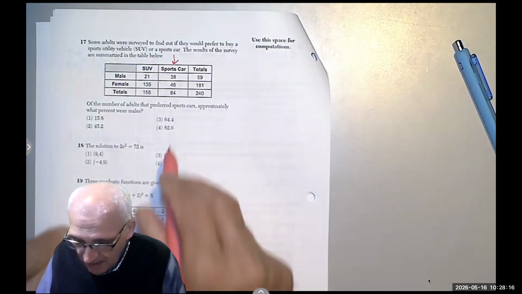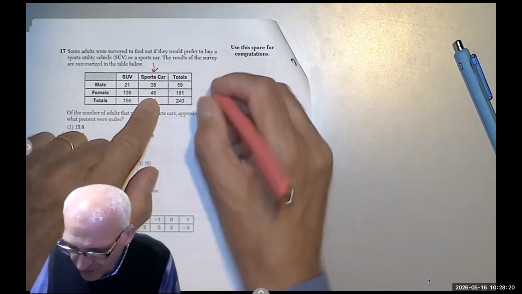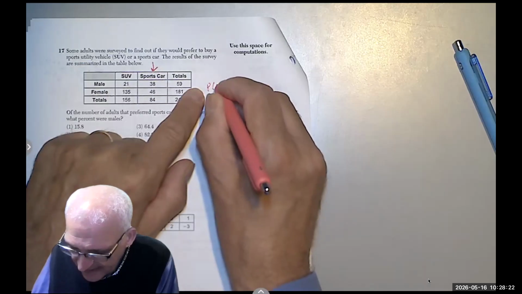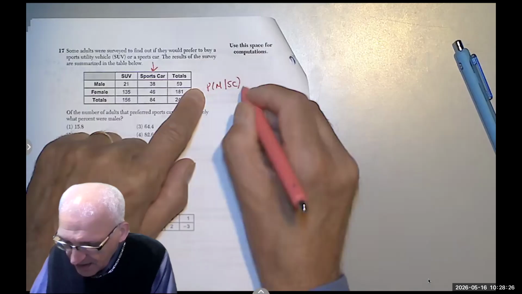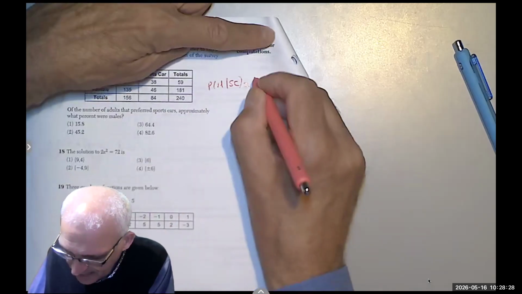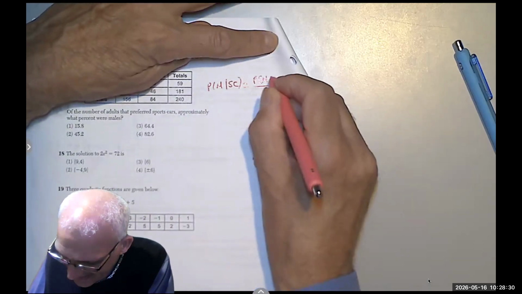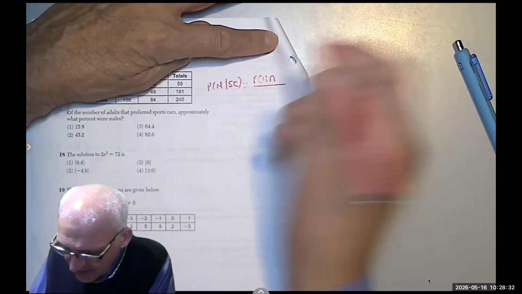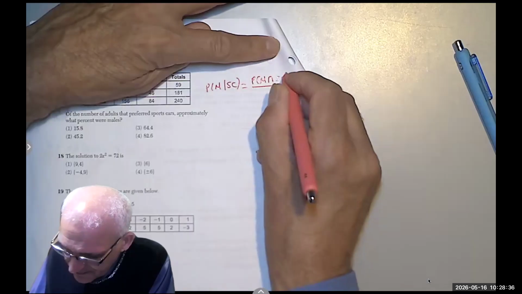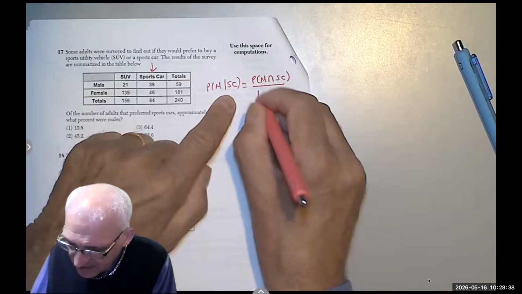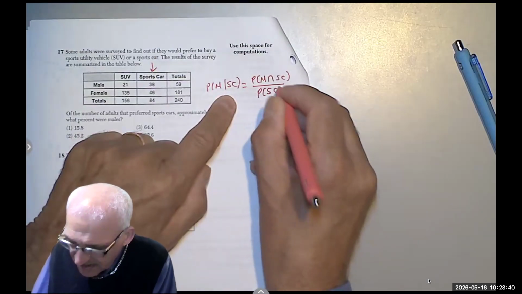This is a conditional probability, right? Approximately what percent were males? So we know that the probability of male given sports car equals the probability of males and sports car, and if you know that this symbol is for and, divided by the probability of the condition, which is SC.